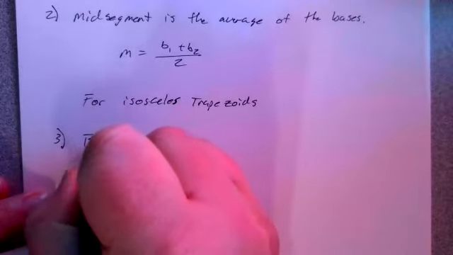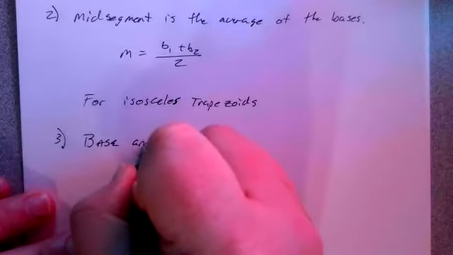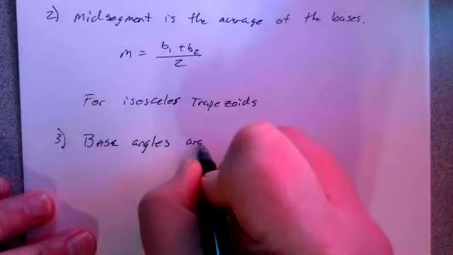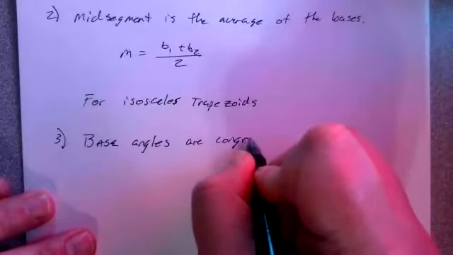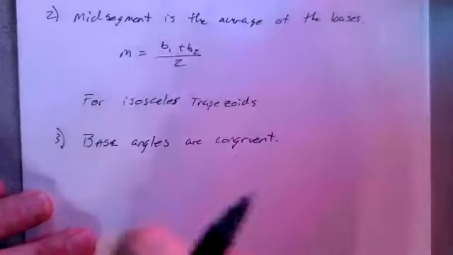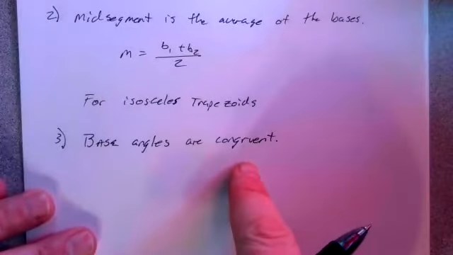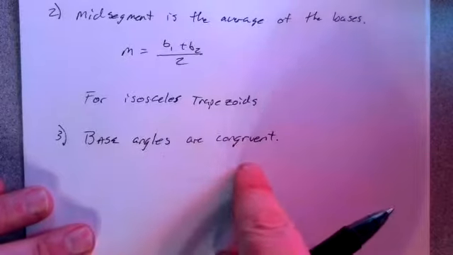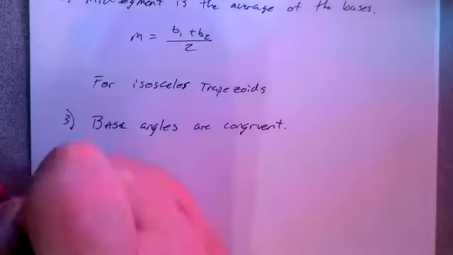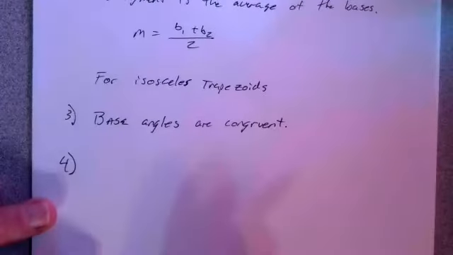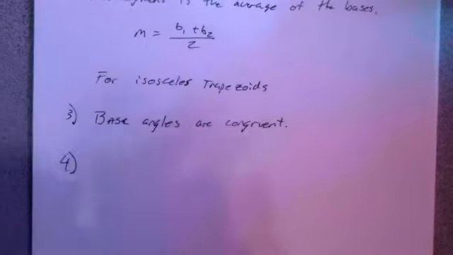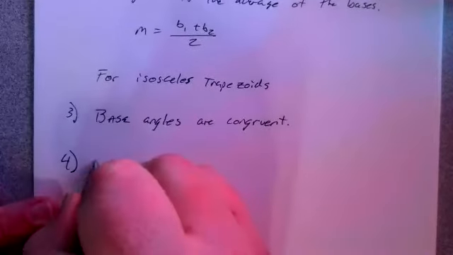Here we can say that the base angles are congruent. And this one is pretty awesome. There's a lot that helps us out with that property. And the fourth property, the last one: the diagonals of an isosceles trapezoid are congruent.